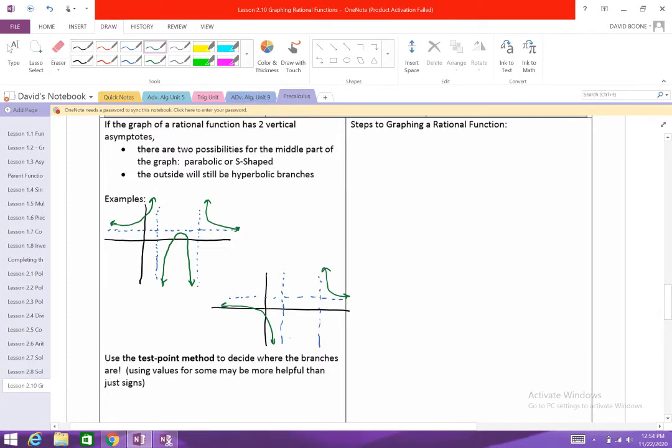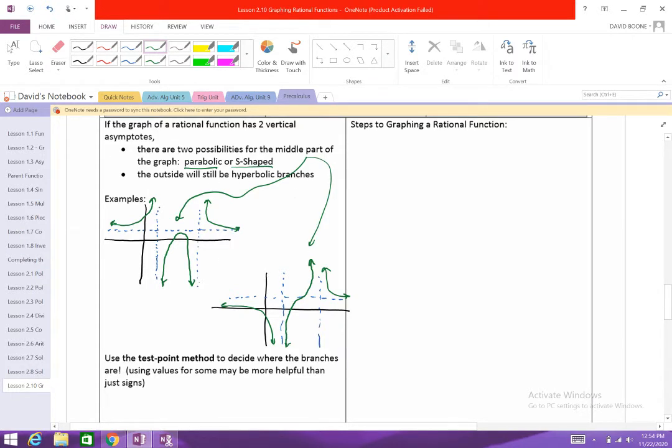But now this one might be S-shaped or lane change piece. So this middle part that we have here can either be a parabola or a lane change. It can either be an even function or an odd function in there.